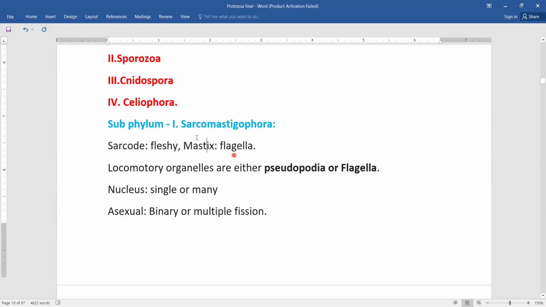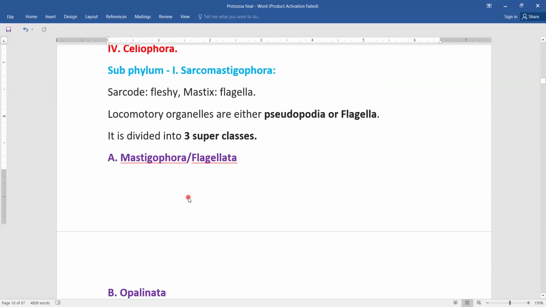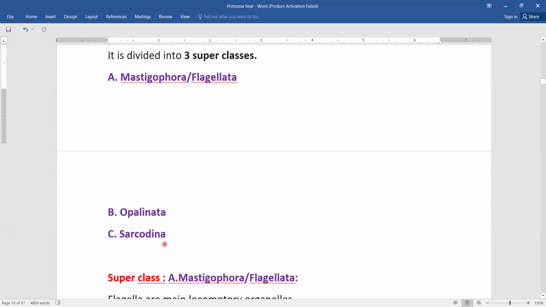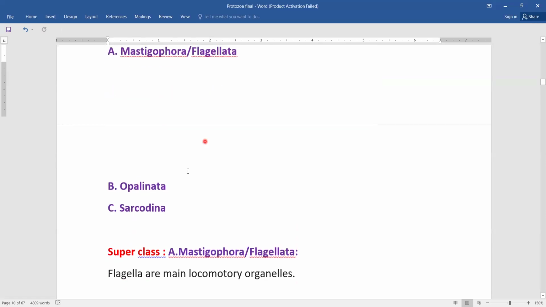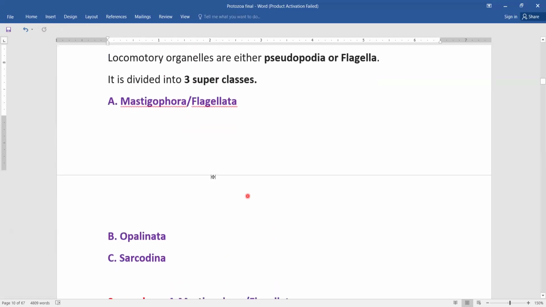So in Sarcomastigophora, either pseudopodia are present or flagella are present. Sarcomastigophora is again divided into Mastigophora or Flagellata, Opalinata, and Sarcodina.